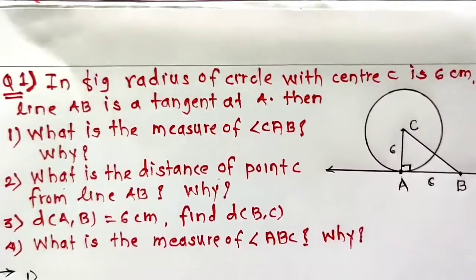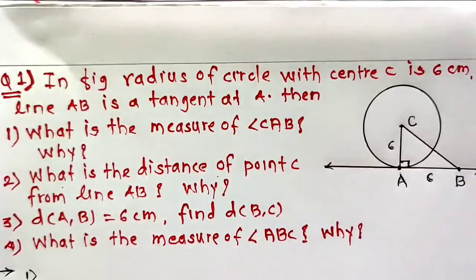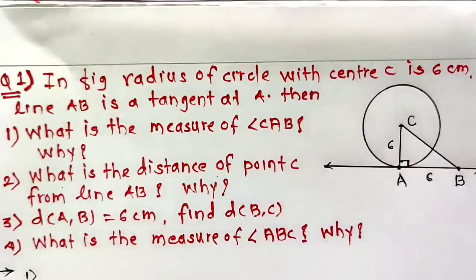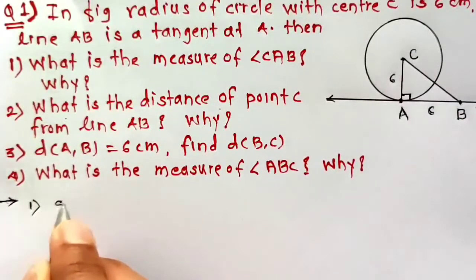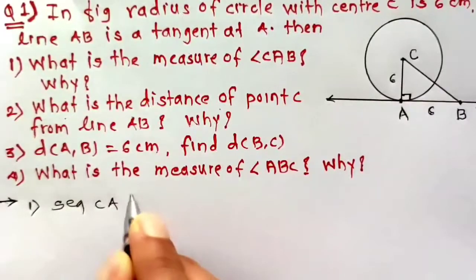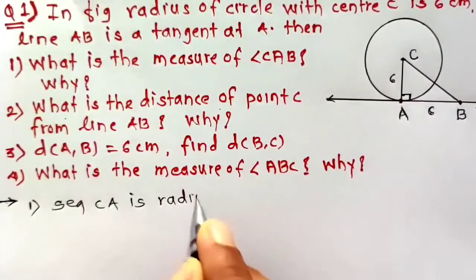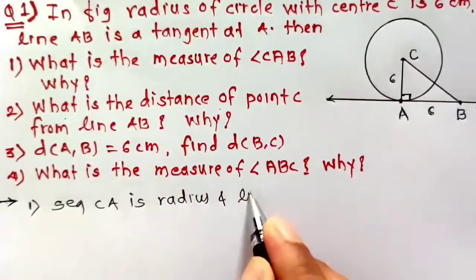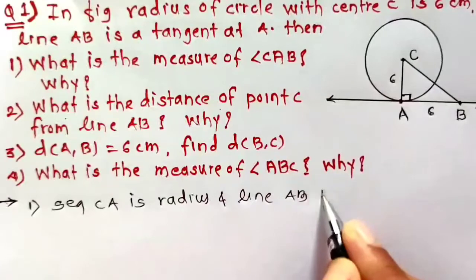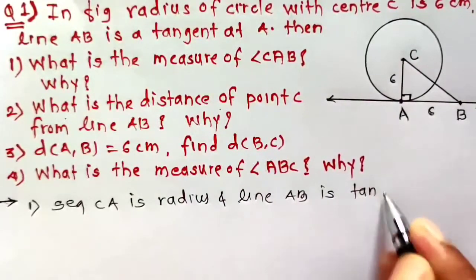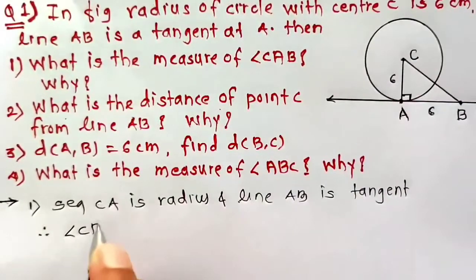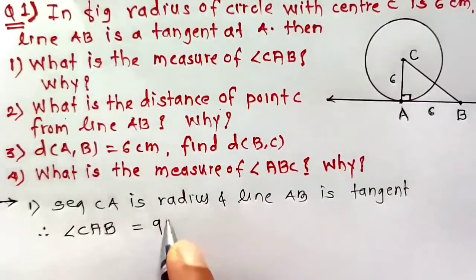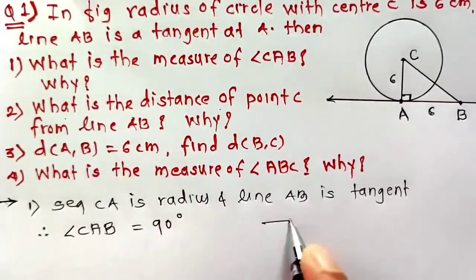By the tangent theorem, the radius drawn at a point of contact is perpendicular to the tangent. Therefore, segment CA is the radius and line AB is the tangent, so angle CAB is equal to 90 degrees. And the reason, why?